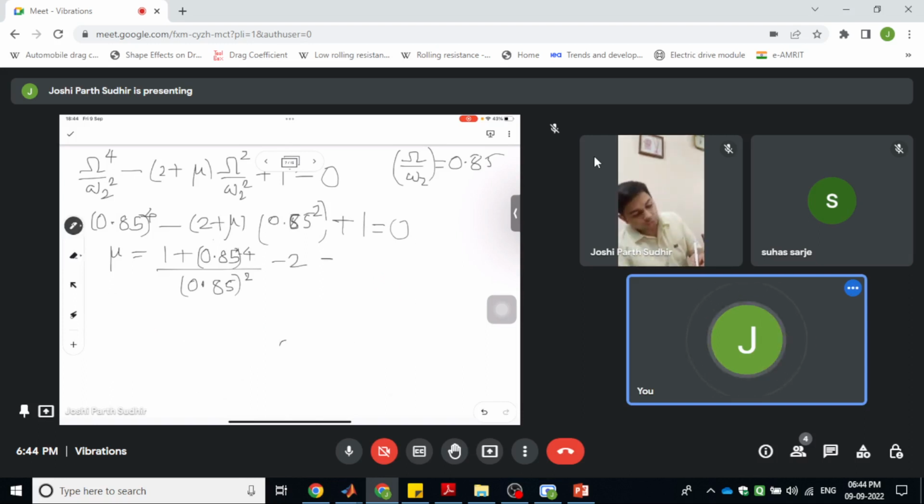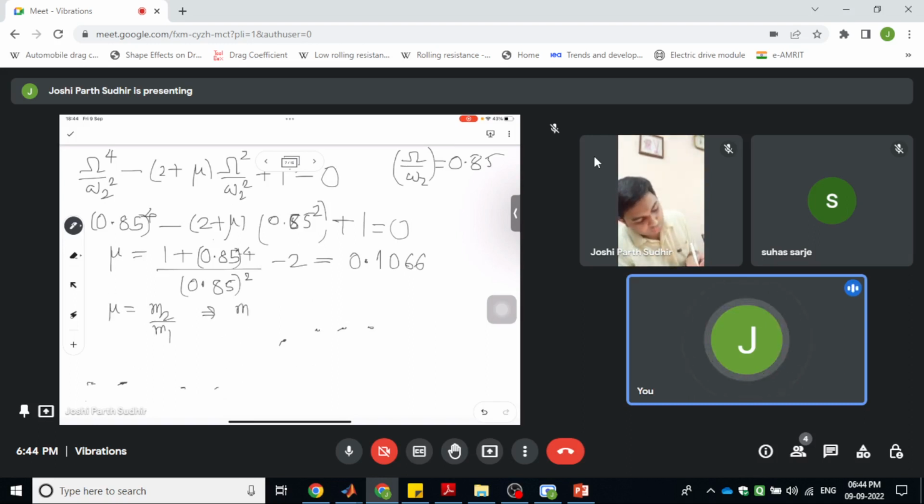So using this we get the value of mu to be about 0.1066. So mu is equal to m2 by m1.